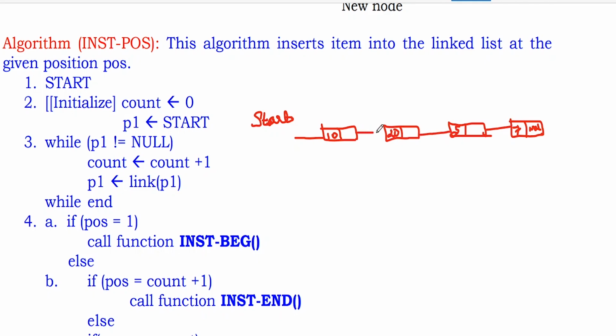And we have addresses. This is the first node at address 100. Let me take this one at 200, and this at 300, and this at 400. They need not be adjacent, but for simplicity's sake I took these. Definitely the memory locations are different, they are not the same.